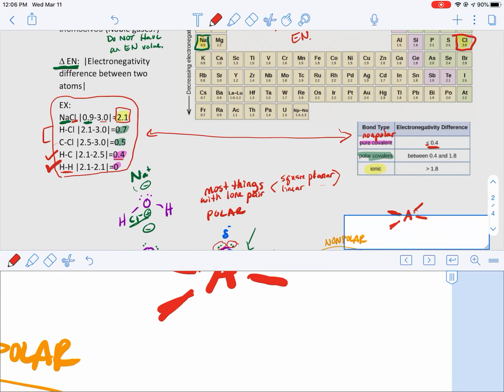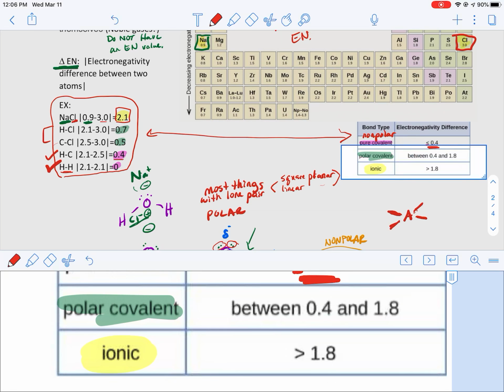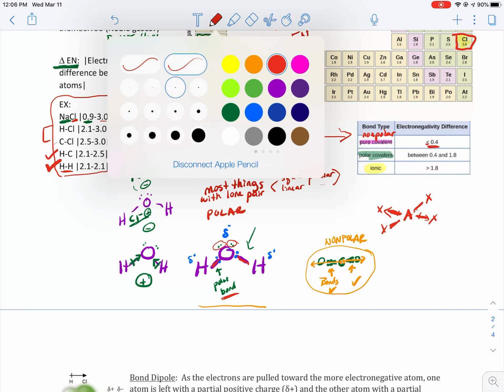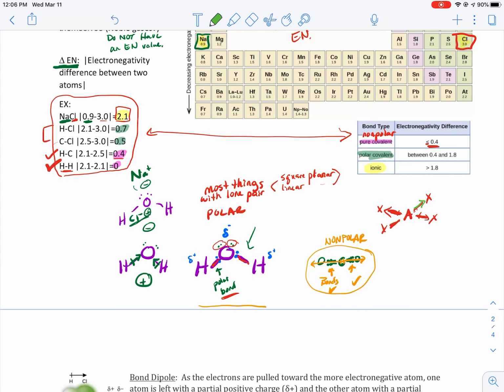So these two can cancel each other out, and then the other set can cancel each other out. I'm trying to make them look flat there. So that's the square planar picture, even though I have up and below, I have a lone pair.